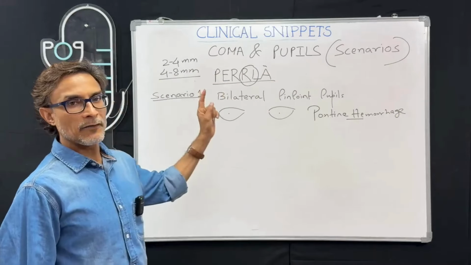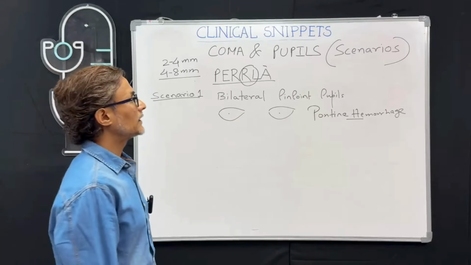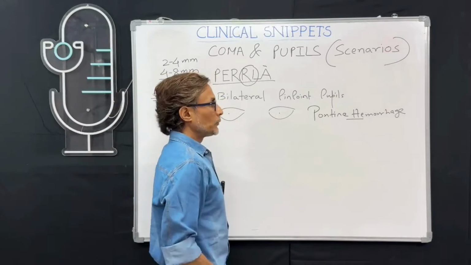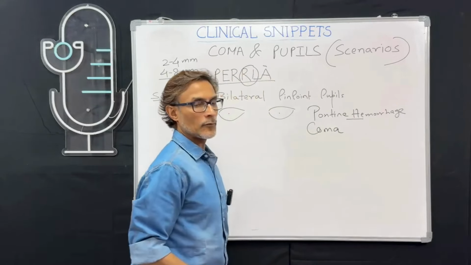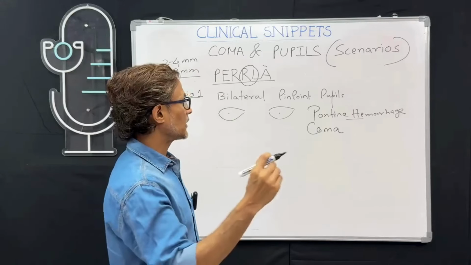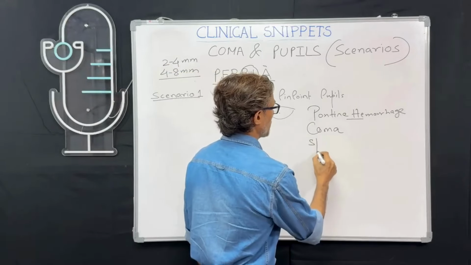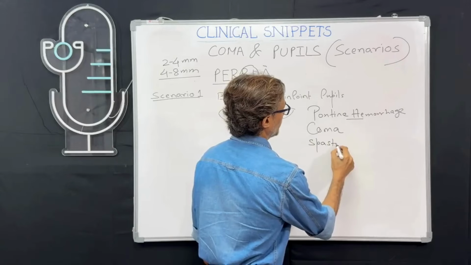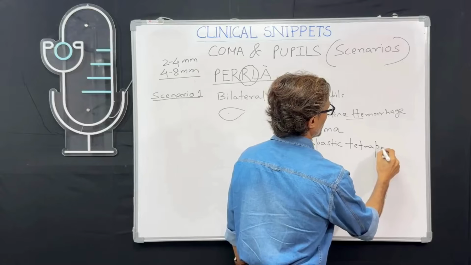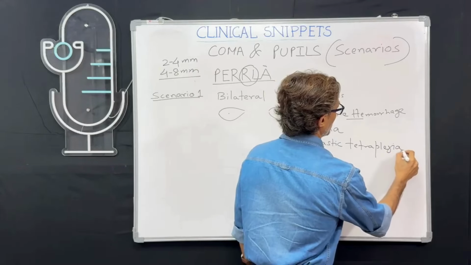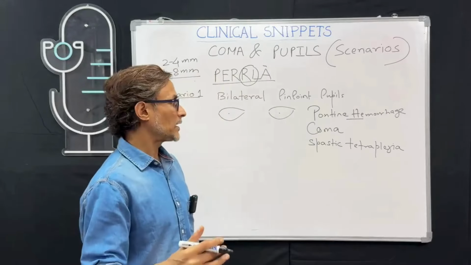What are the classical findings you will get in this comatose patient? With pinpoint pupils, obviously the patient is in coma, and when you go for a neurological examination, you will find spastic tetraparesis, spastic quadriplegia or tetraplegia.